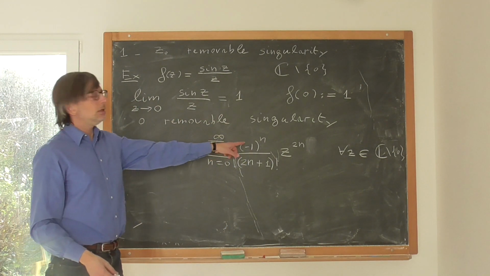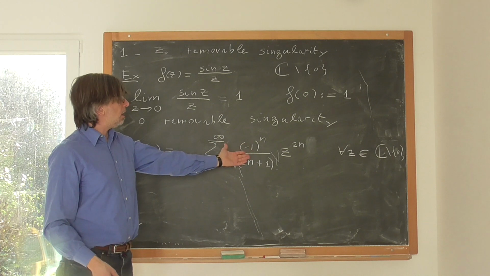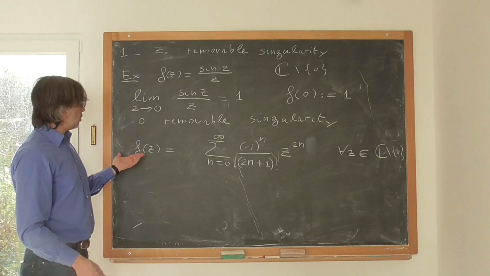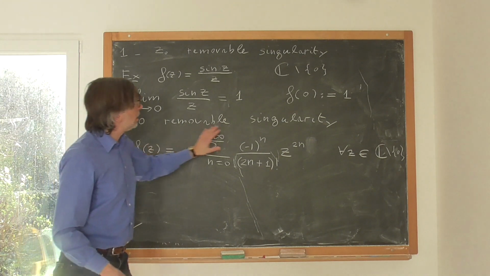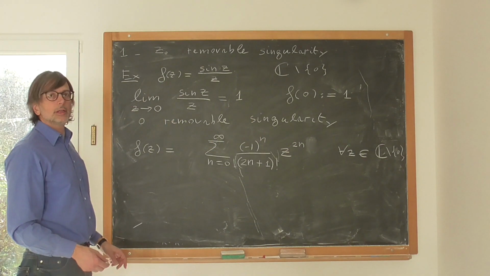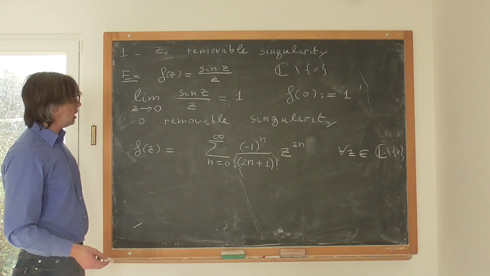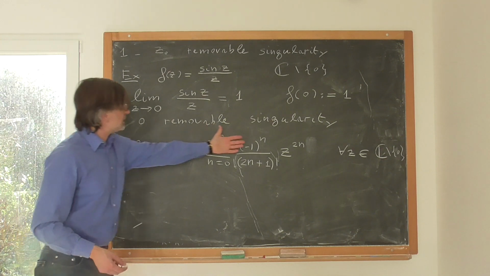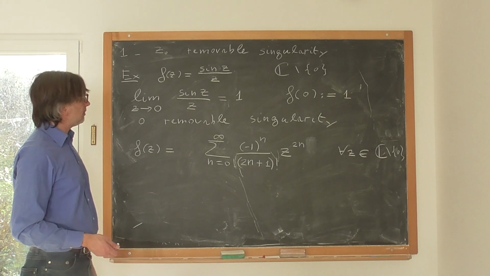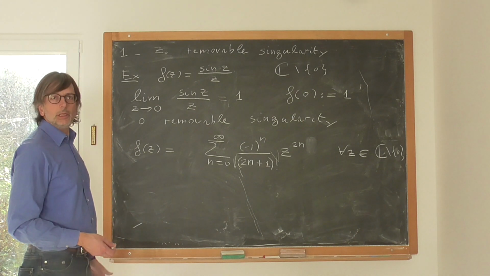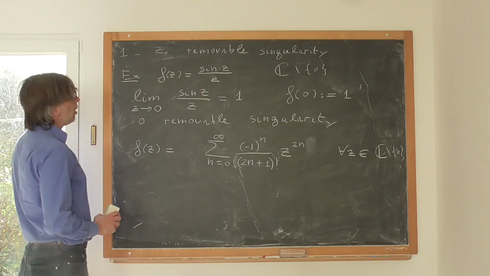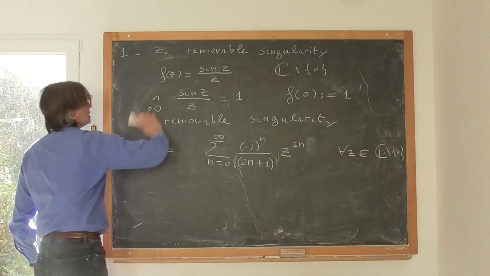And here now we see this is an honest converging power series, and so f is the sum of this converging power series, and therefore this sum defines a holomorphic function on the whole C. So the singularity at 0 is removable. Okay, these are removable singularities.